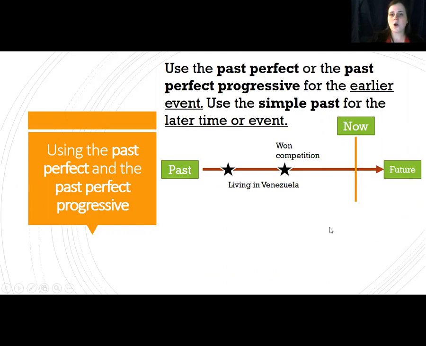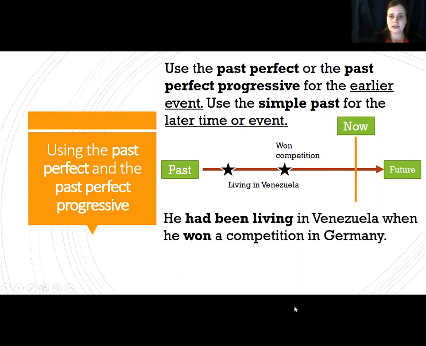When you are using this structure, you use the past perfect or past perfect progressive for the earlier event, in this case, living in Venezuela. And you use the simple past for the later event, in this case, one competition. So our sentence is, he had been living in Venezuela when he won a competition in Germany.